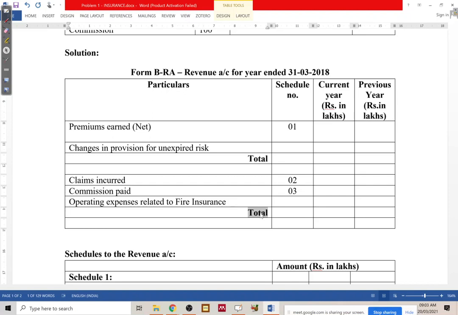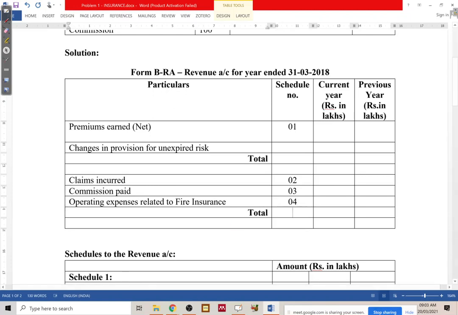That sort of expense is a general expense. It will go in the P&L. But expenses only related to fire insurance, for example if there are 4 people employed in the fire insurance department, the salaries given to these 4 people will come under operating expenses related to fire insurance, because it's revenue account. And this is schedule 4.